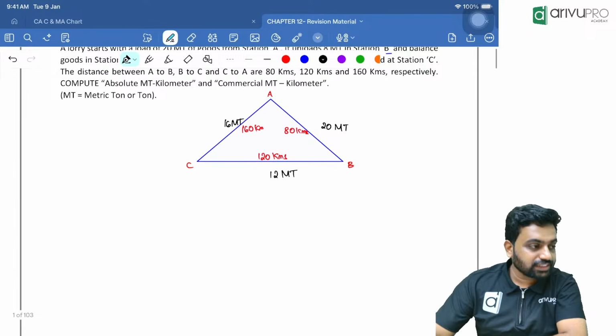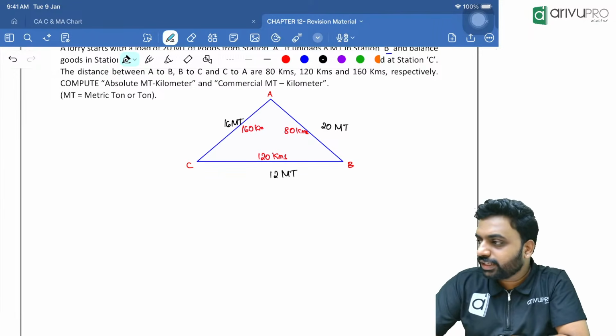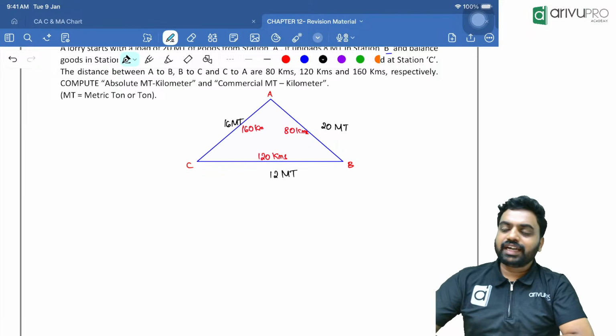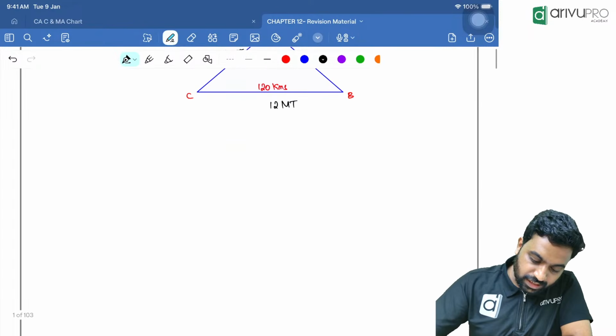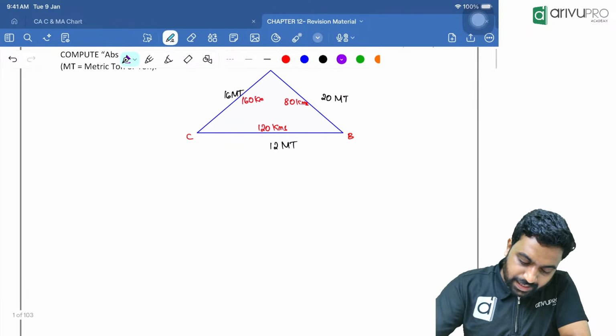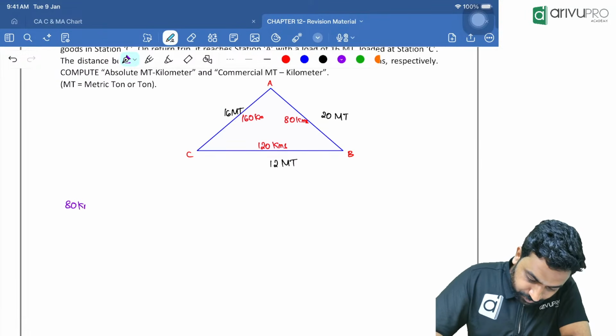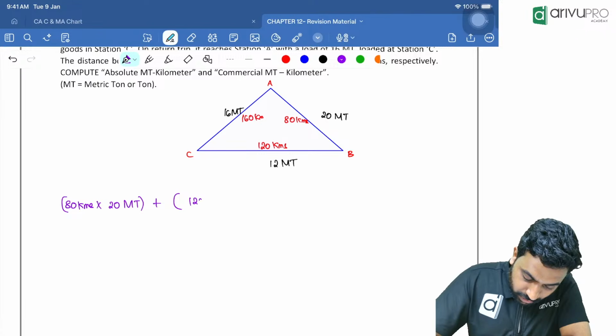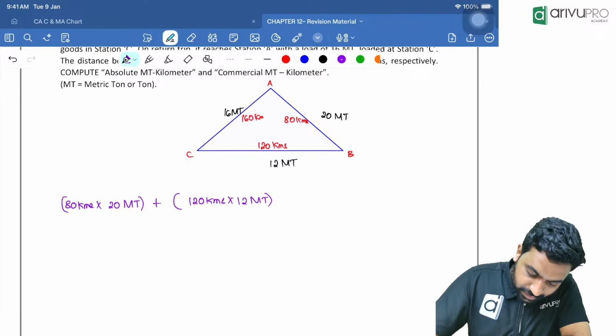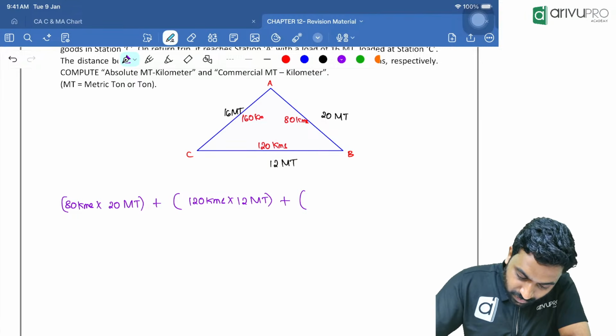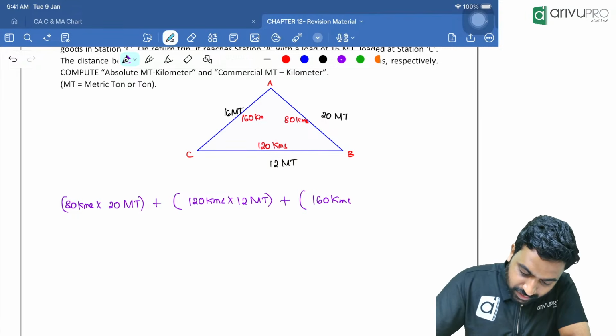Now, first they are asking absolute ton kilometer. That is nothing but your weighted average of this. So, weighted average will be, guys, 80 kilometers for 20 metric ton plus 120 kilometers of 12 metric ton plus 160 kilometers of 16 metric ton.